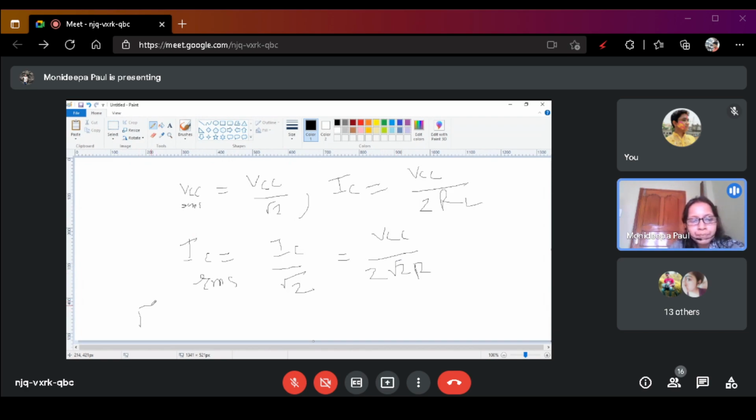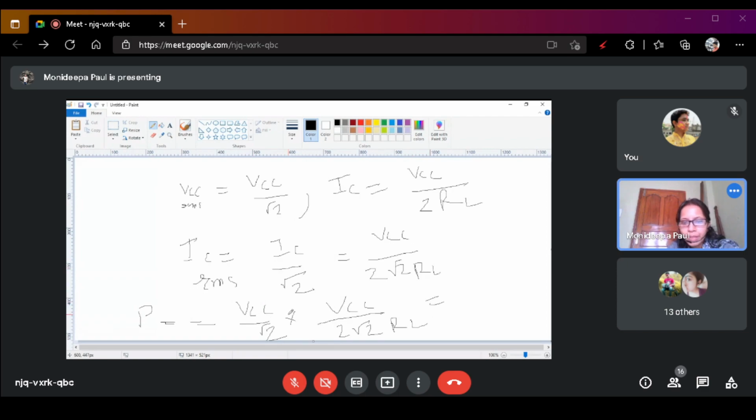So what is the power output? It is the AC power: VCC by root 2 into VCC by 2 root 2 RL.